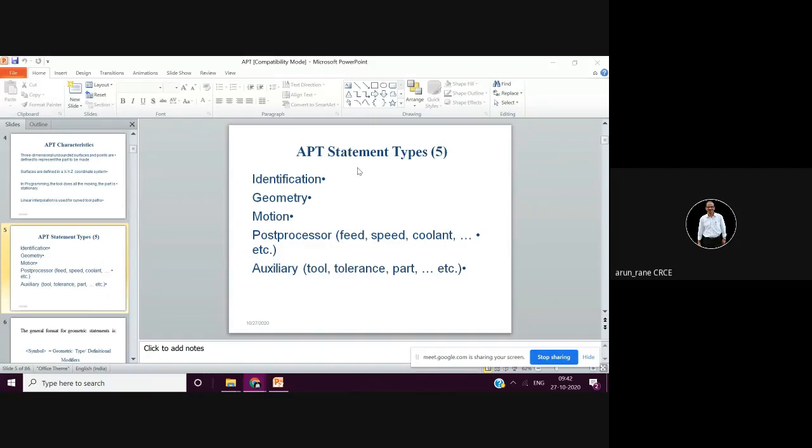Sometimes in the examination it may ask, write a CLSF program for the following component. So it is nothing but an APT program. CLSF means cutter location source file.